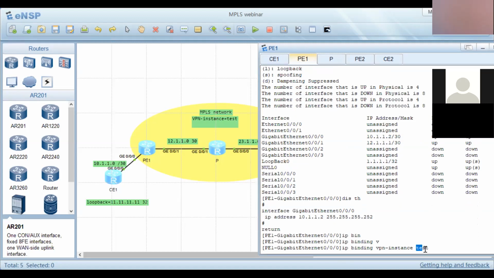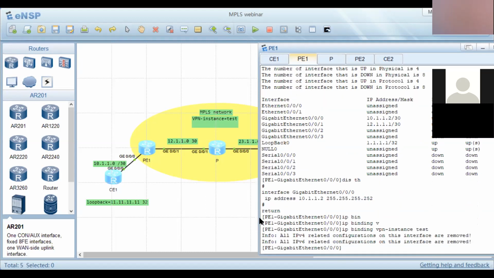We are doing now the binding. When we do this, the IP address will be removed. All IP information will be removed. So we have to configure again.